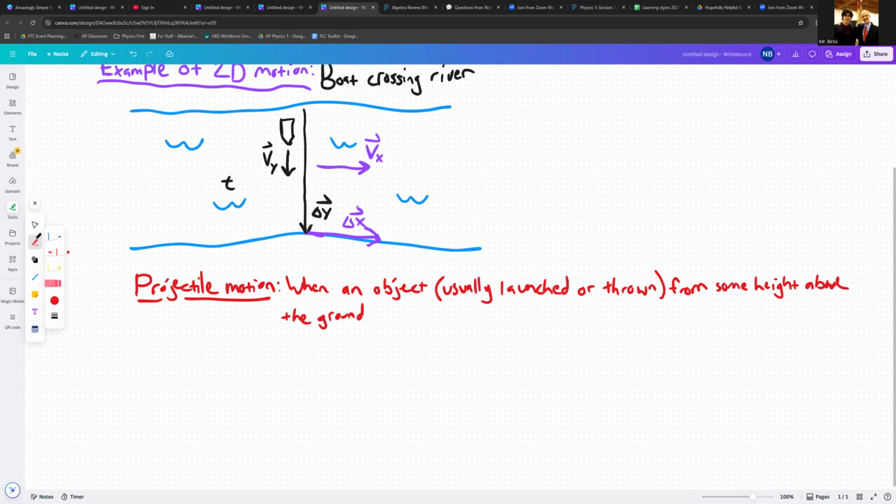Now there are some examples. In fact, one of the most classic projectiles is actually launched from the ground. So I guess we could say it's either from the ground or from some height above it. It's not super important where it's launched from. The main thing is it tends to be launched or thrown, and it follows a parabolic path. You can call it an arced path until impact.